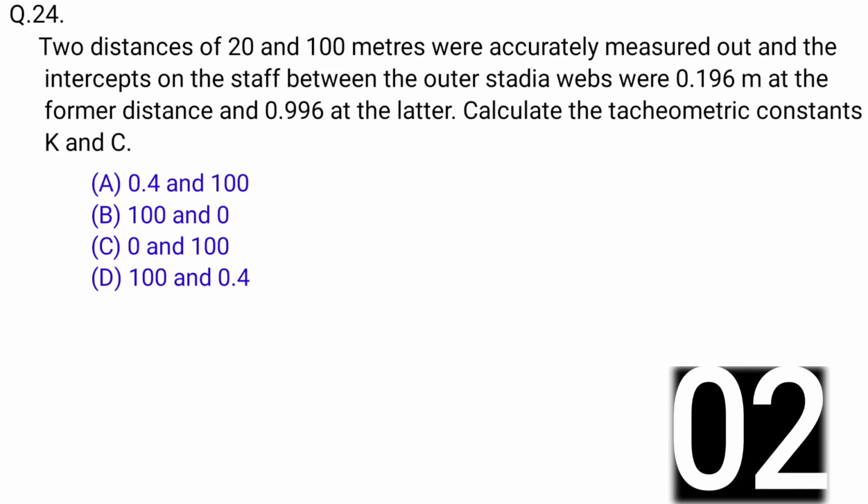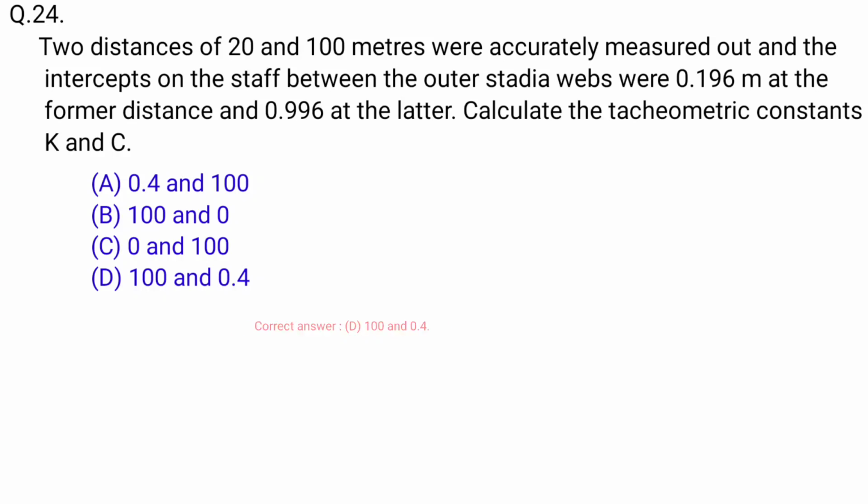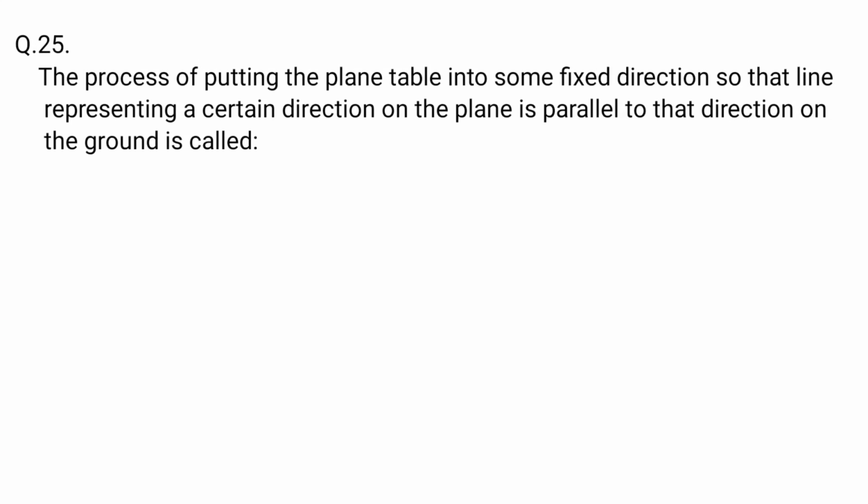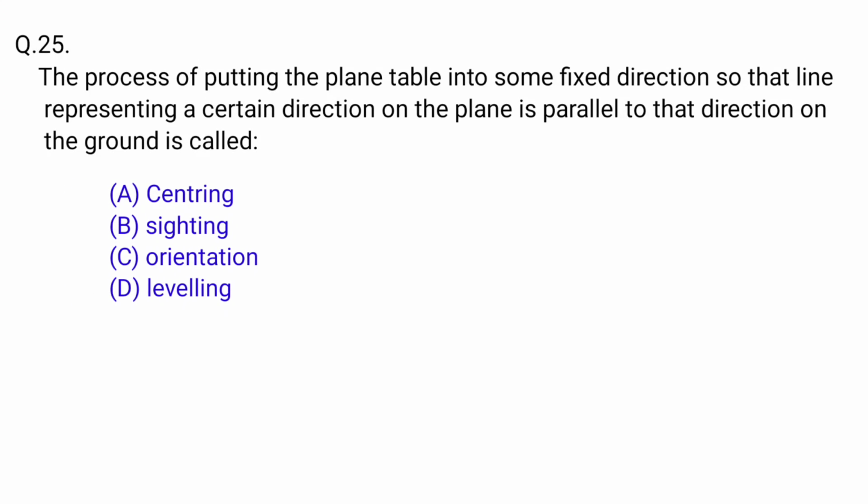Correct answer is option D. 100 and 0.4. Next. Question number 25. The process of putting the plane table into some fixed direction so that line representing a certain direction on the plane is parallel to that direction on the ground is called, options A. Centering, B. Sighting, C. Orientation, D. Leveling.